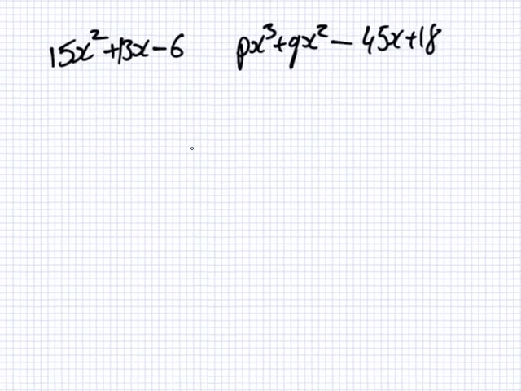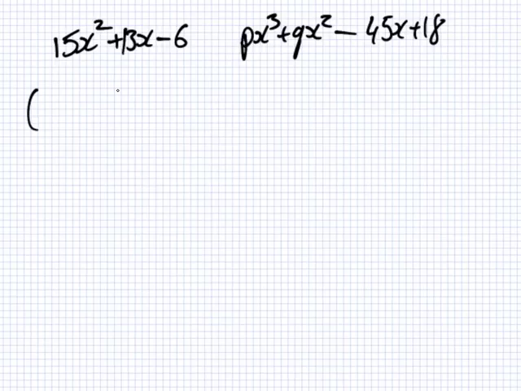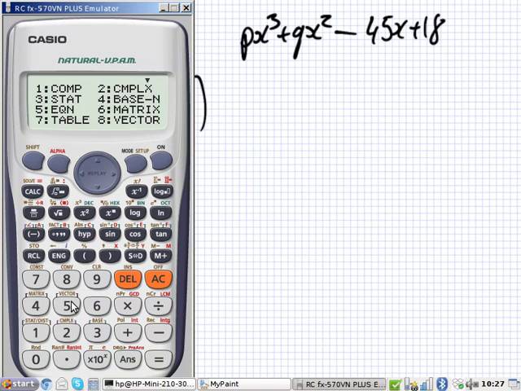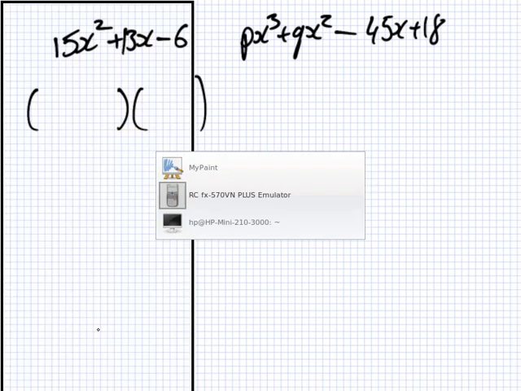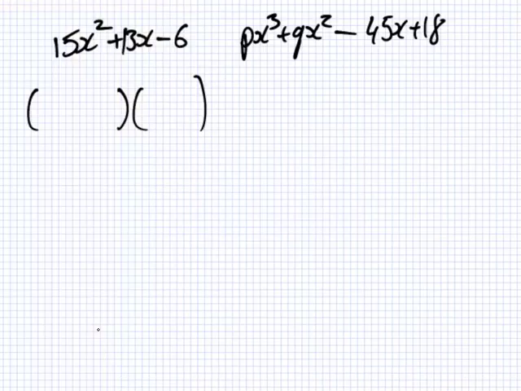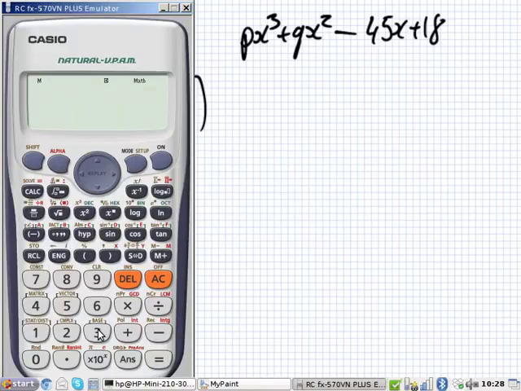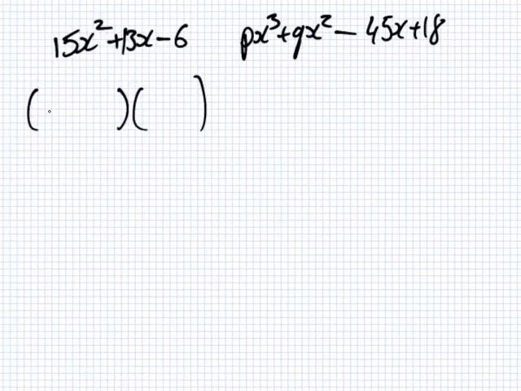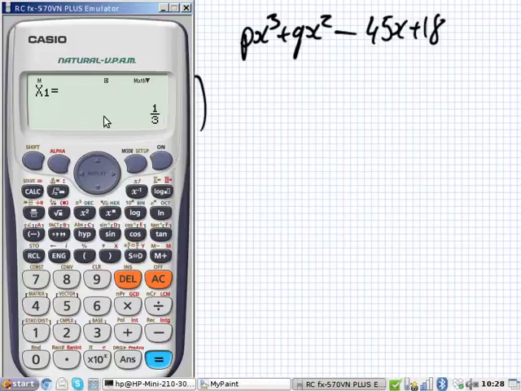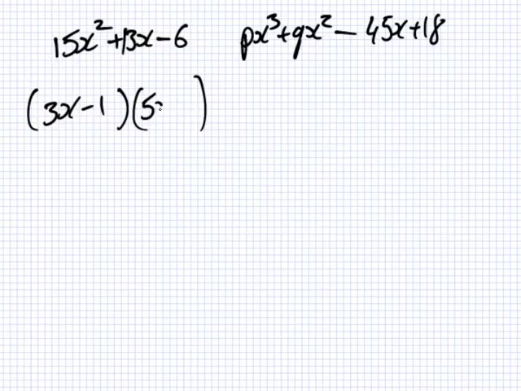Okay. So let's factorize. Let's cheat. 15, 13, 6. So we have 3x minus 1. Yeah. So these are both factors.